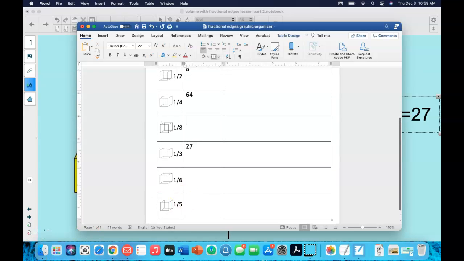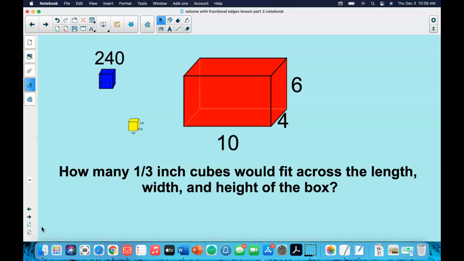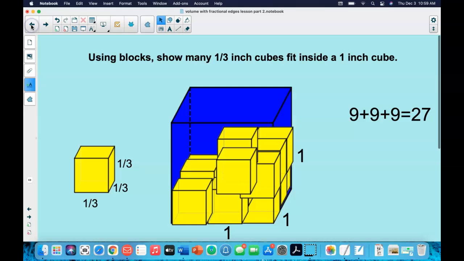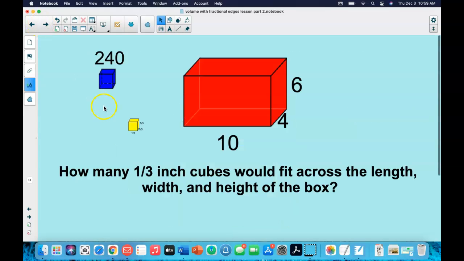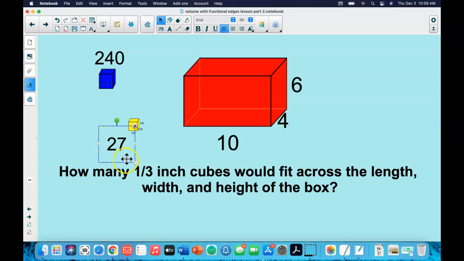So the last part of this lesson says how many 1/3 inch cubes would fit across the length, the width, and the height of the box. Well, I know that it takes 240 unit cubes. And I know that there are how many of these 1/3 inch cubes in one blue cube? There's 27, right? So how many of the yellow cubes would it take to fit?